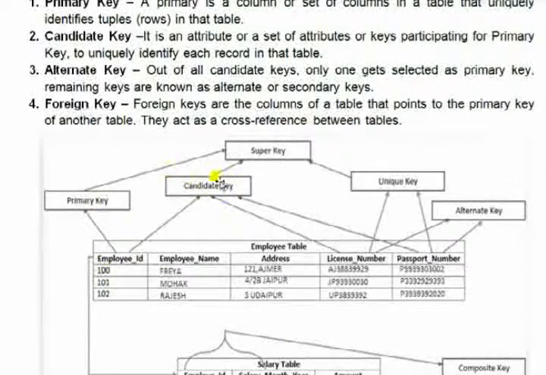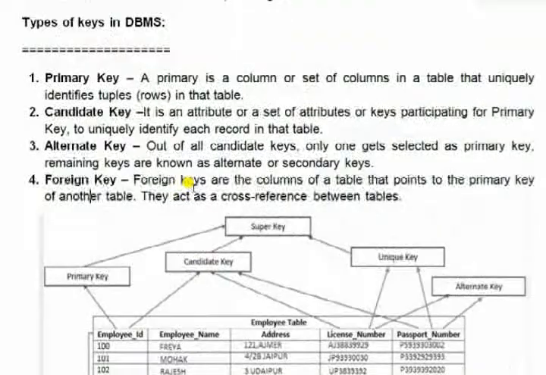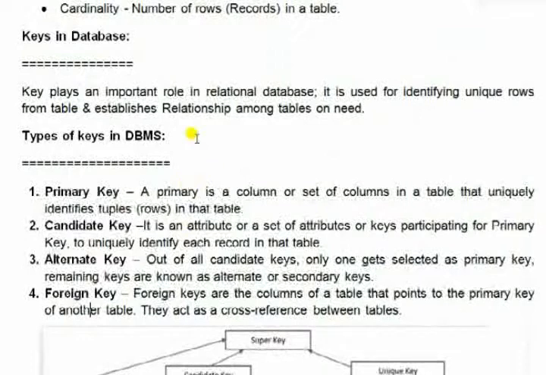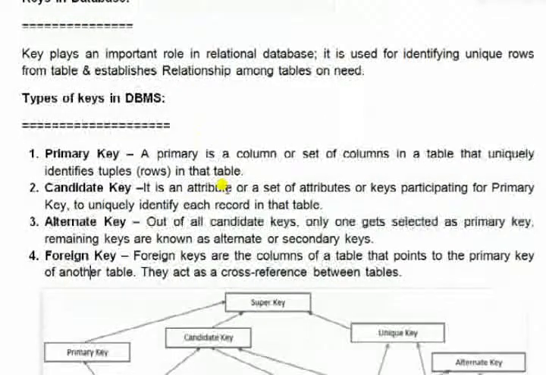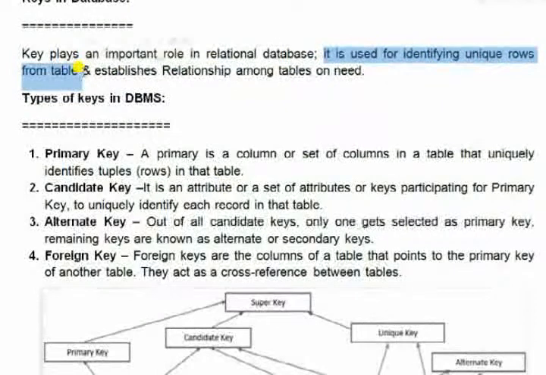But the primary key is part of the candidate key. Why? The definition of key is that it is used to uniquely identify the rows of the table.